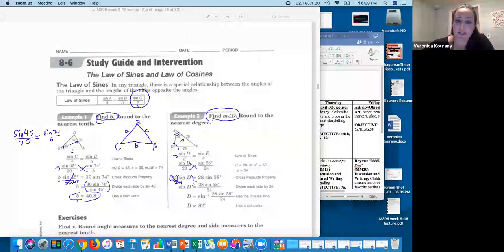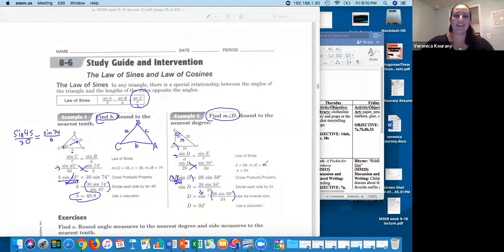So you have sine D equals this fraction, because you divided by 24 on both sides. Now to get D, you take the arc sine of this fraction and put that into your calculator. You're going to get D approximately 82 degrees. Sorry, there's no decimal, 82 degrees.